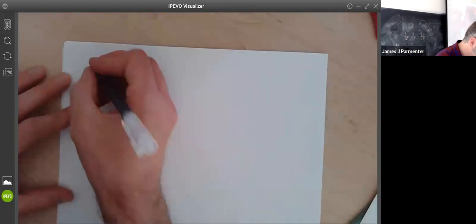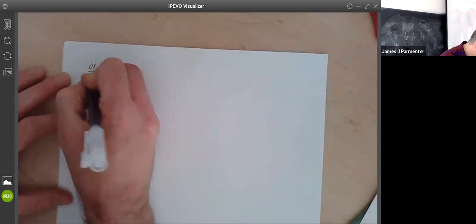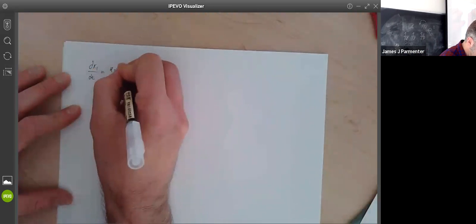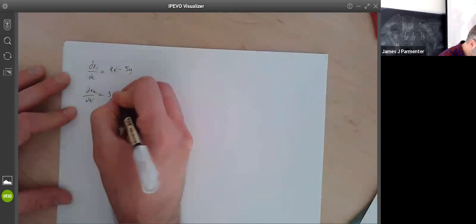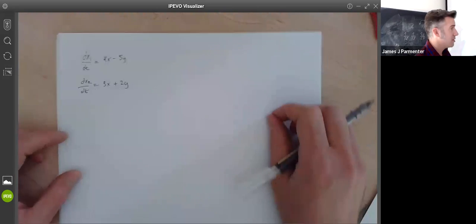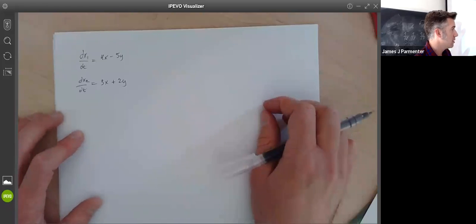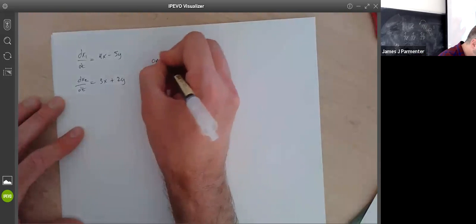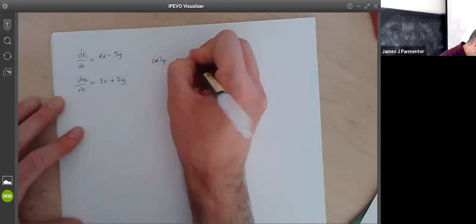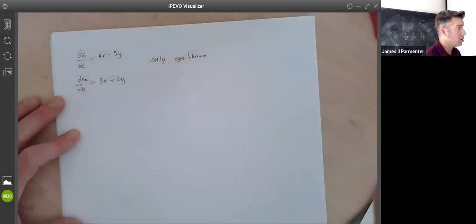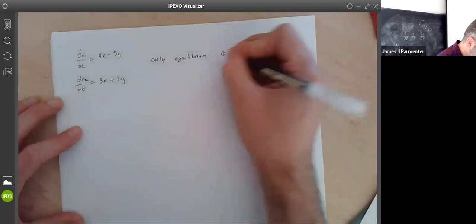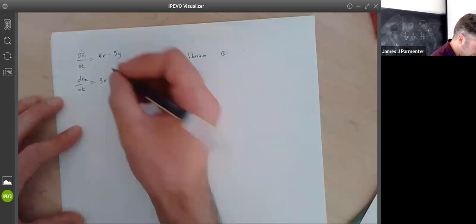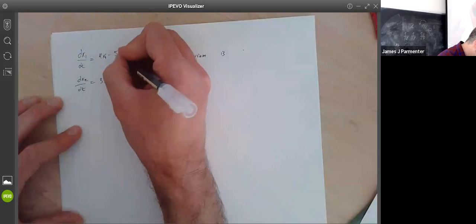If this is your system of equations, dx1/dt equal to, I don't care, 4x1 minus 5x2, and dx2/dt equal to 3x1 plus 2x2, the only equilibrium of a homogeneous, autonomous, linear system of differential equations is, sorry, I used x's and y's and x1's and x2's, I mean x1 and x2.